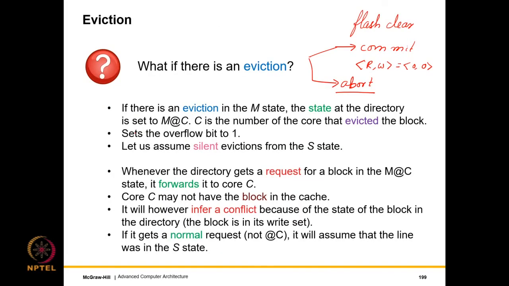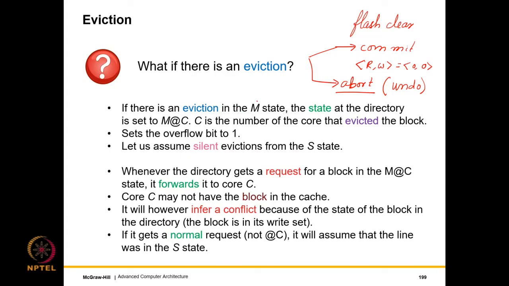So if there is a need to undo, the hardware will automatically read all the variables from there and update the state, such that the state is similar to what it was before the aborted transaction started. So fixing the state can be done by either software or by hardware. But the key point is that while a transaction is in execution, if there is an eviction, what happens?